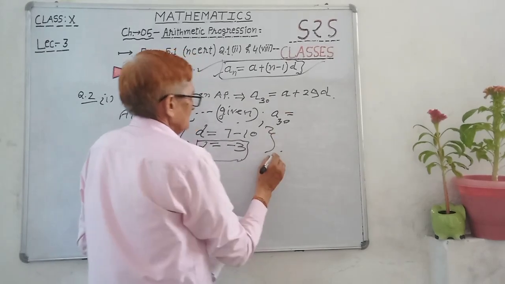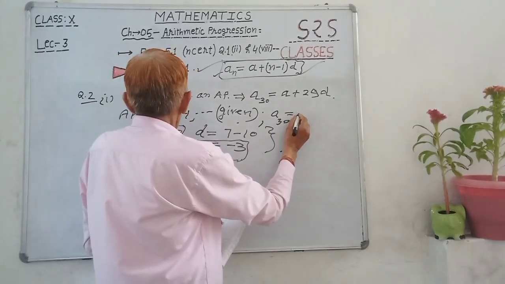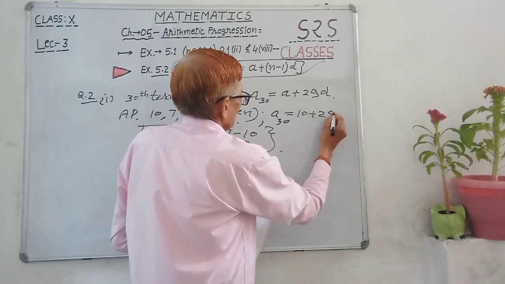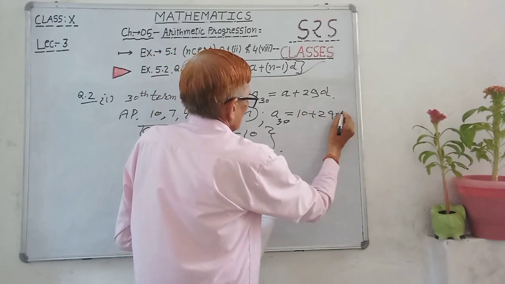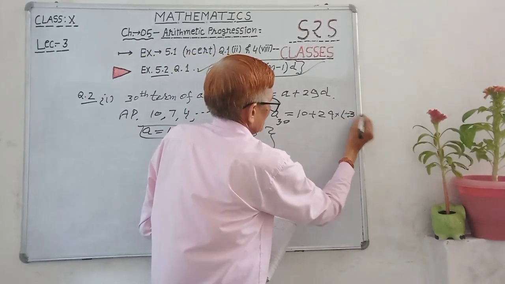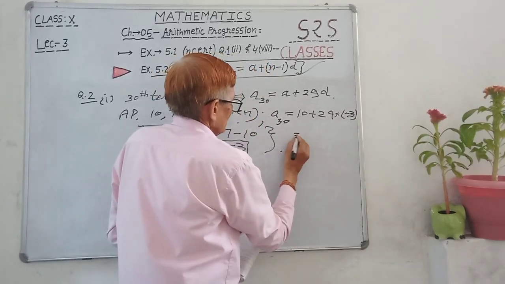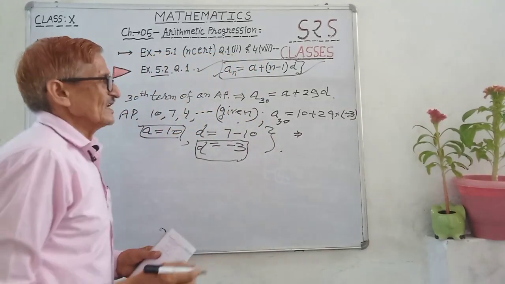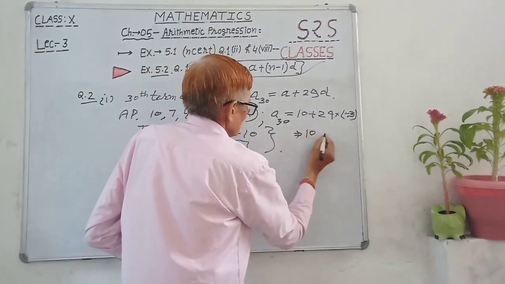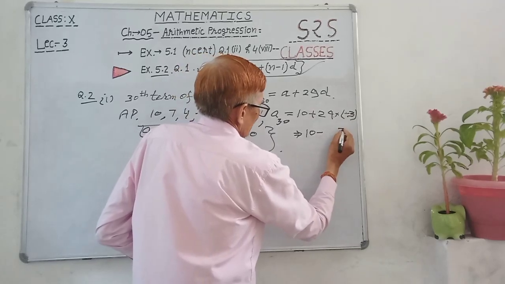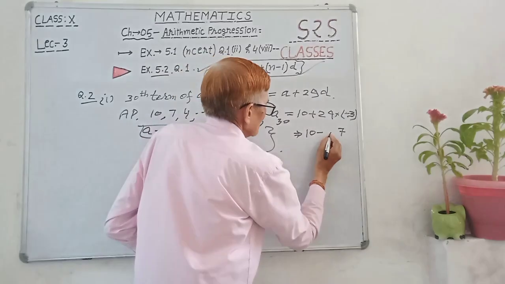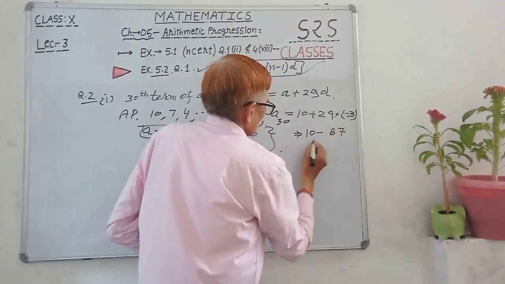Okay, D is equal to minus 3. Put these things here. So A30 is 10 plus 29 into D, D is minus 3, into minus 3. Solve it: 10 plus 29 into minus 3. So 10 minus, 3 nines are 27, 2 carry, 3 twos are 6 and 2 is 8, minus 87.